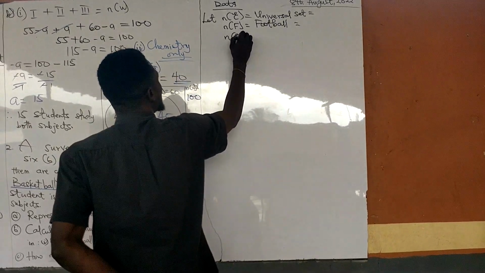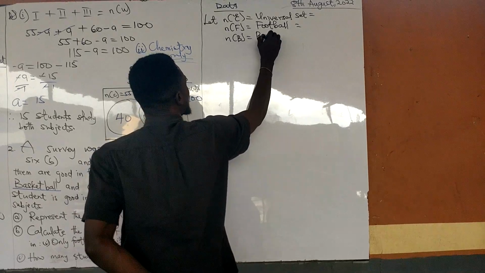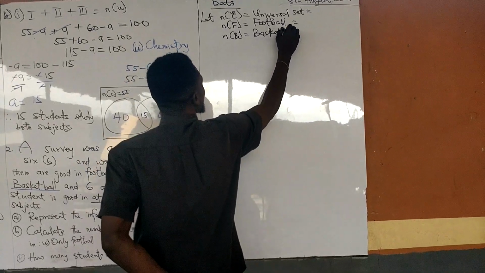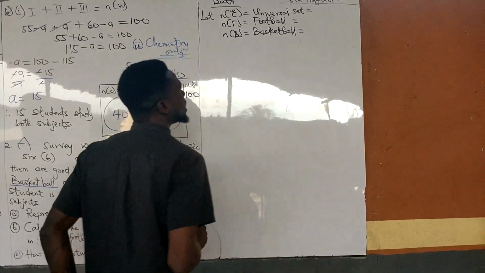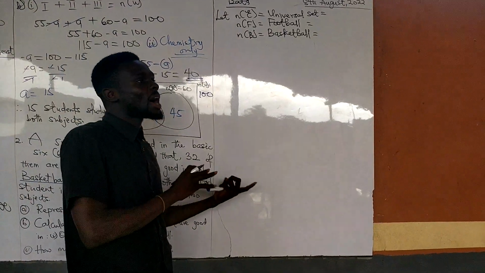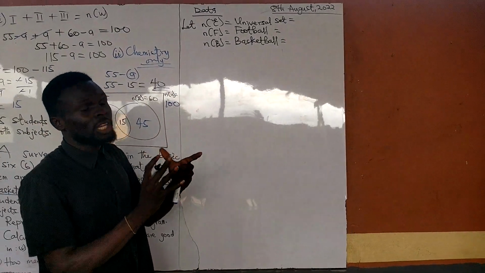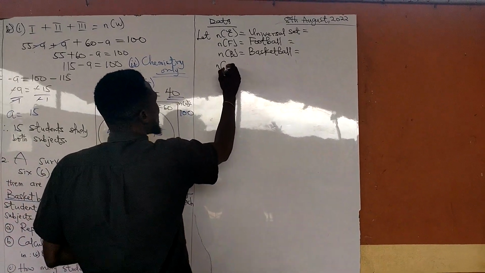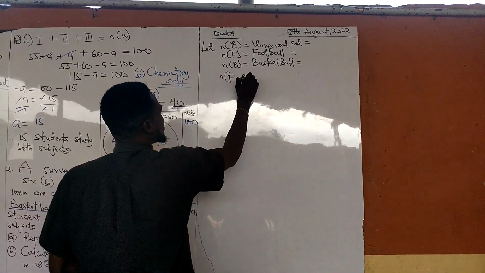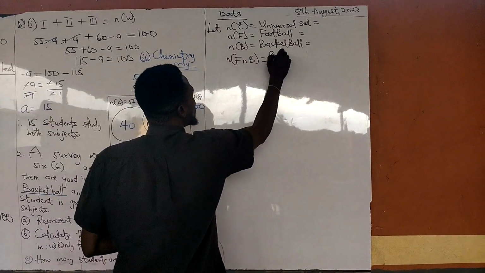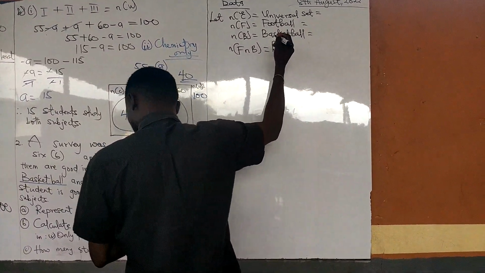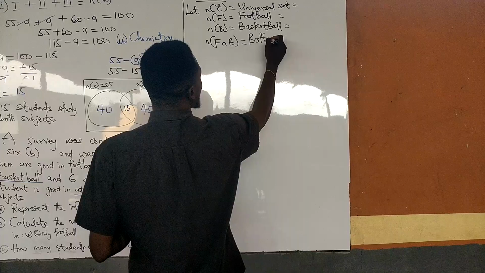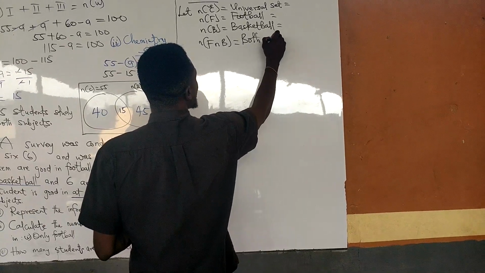And the number B should be basketball. Definitely, we are going to have students that are good in football and basketball. So automatically, we have to get the number F intersection B, which is both games.